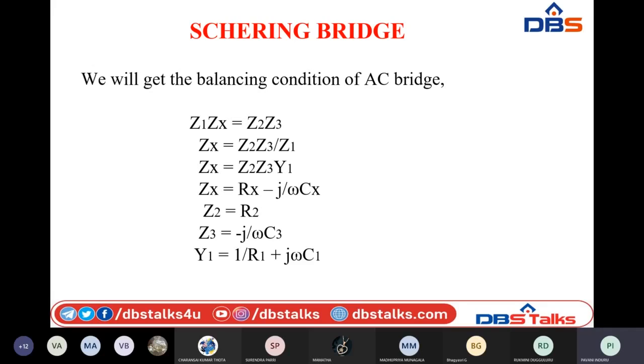Z2 value is nothing but R2. Z3 is, because it contains a capacitor in its arm, the reactance of the capacitor, taken as minus j by omega C3. And Y1 is nothing but the admittance of the parallel network of resistor and capacitor, so Y1 value is 1 by R1 plus j omega C1. That's how we take the values for different impedances and admittances.